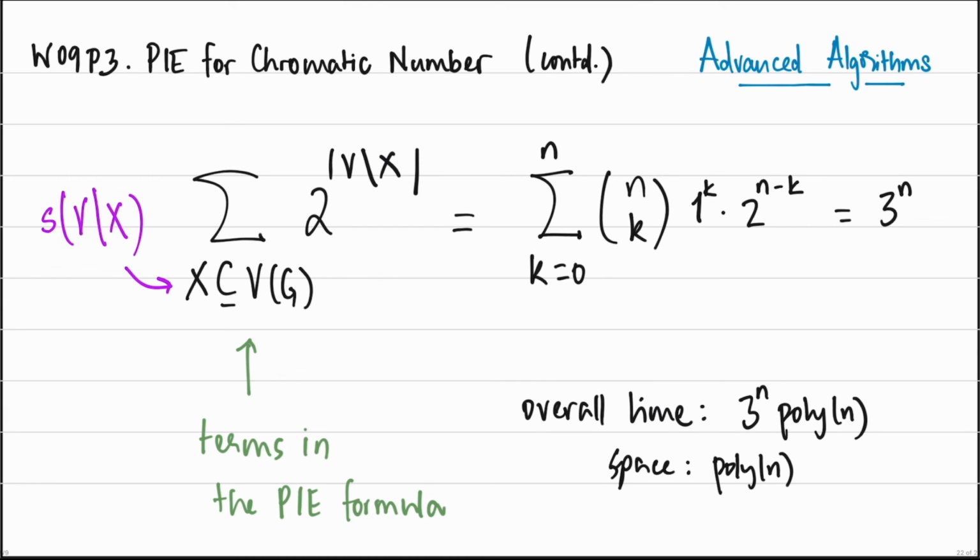Now we don't really have to necessarily use the DP that I showed you to count the number of independent sets. We can plug in any algorithm that we know that counts the number of independent sets in a graph. So it turns out that there is an algorithm which runs in polynomial space and counts all independent sets in a graph in time 1.238 to the n, and again poly n.